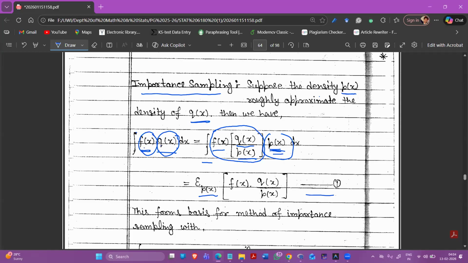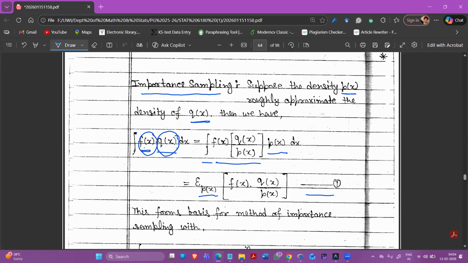so at that time what we will do, we will multiply and divide by this density. When you divide and multiply, keep this term fx into qx divided by px on one side and take px as the multiplication, this density.